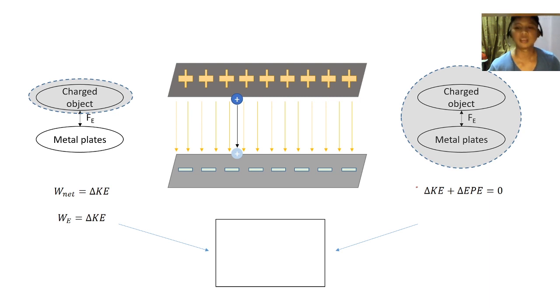Take note that I chose EPE as our symbol for electric potential energy. You can also use U elec if you want. I used to do this, but now I don't want to use that anymore because it involves too many letters. Delta EPE is fine.